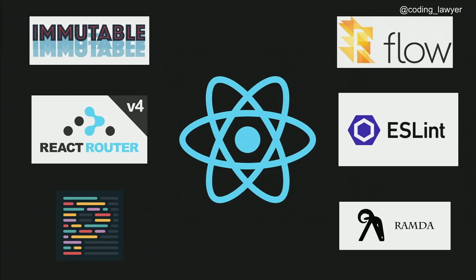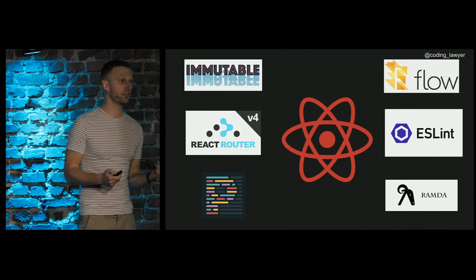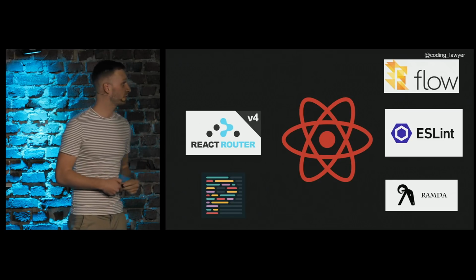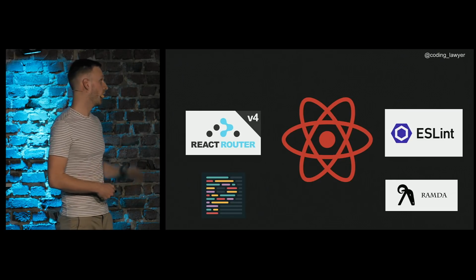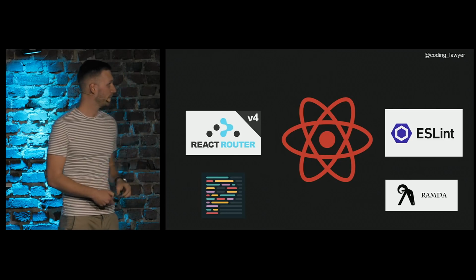Now, what if we swap React for Reason React? Do we still need all these dependencies? Immutability, we don't need it because Reason is immutable by default. Static typing, we have a built-in strong type system in Reason. Routing, we have a router built inside the Reason React library.